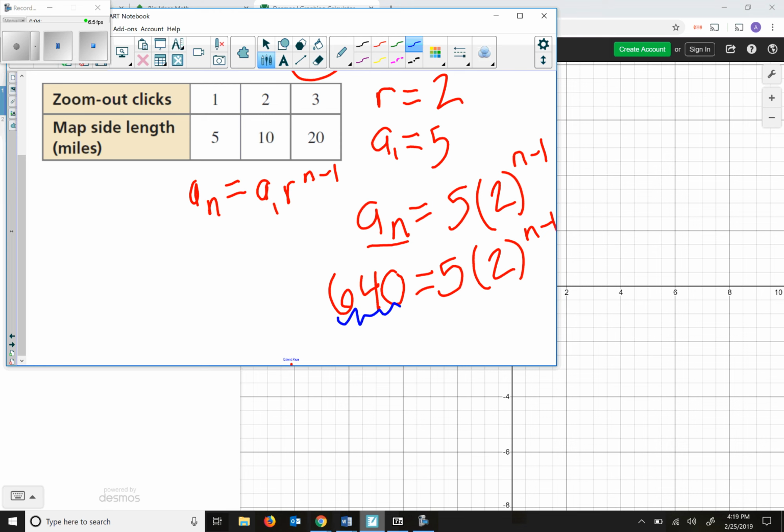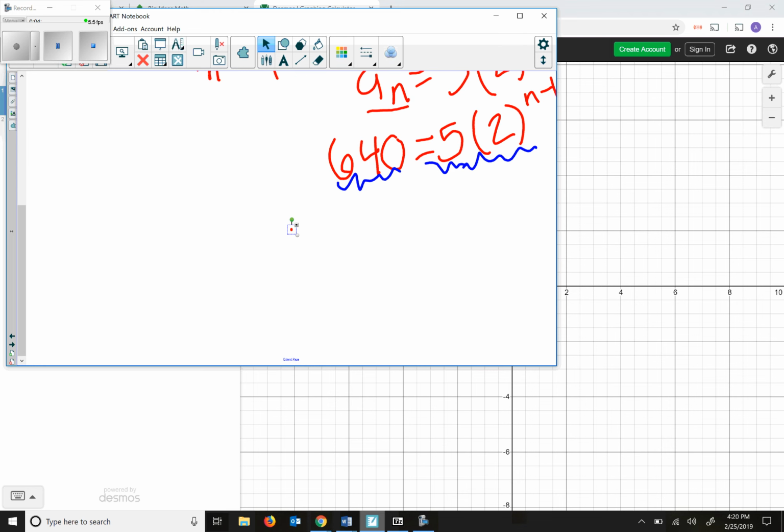Sorry, I gotta get that 5 included in there. So we're going to separate these two. Let me just extend the page here really quick. There we go. We're going to take each of those pieces and make 2 separate equations.